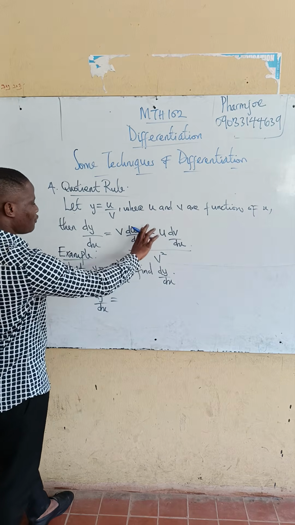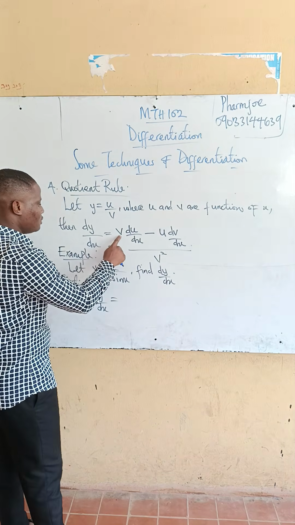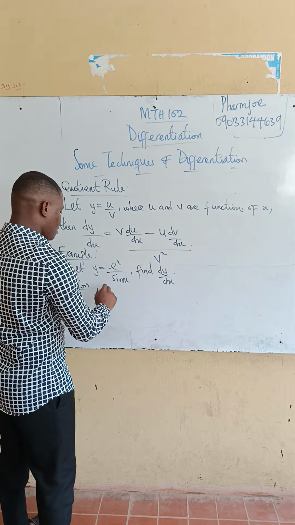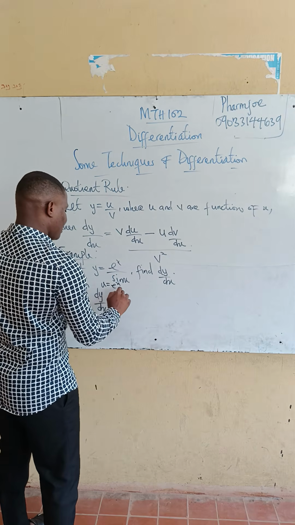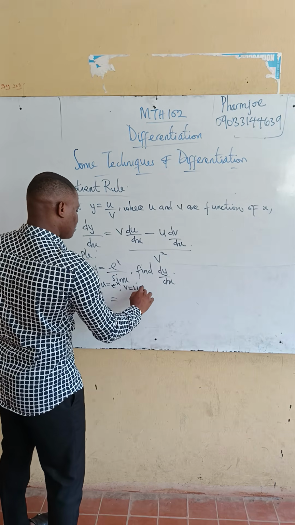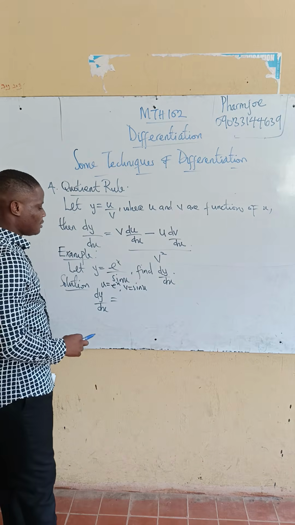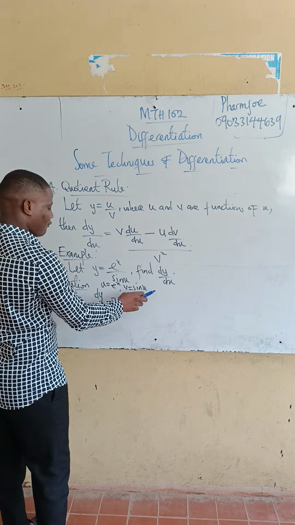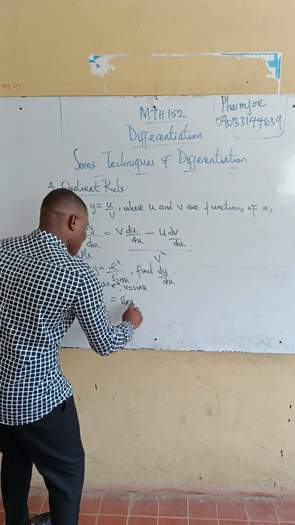So in this case, if I want to find my dy/dx, let's find it using the formula. This is the formula here. So our u is e to the x, our v is sine x, right? And I told you, you write the one under first, which is what? Sine x.